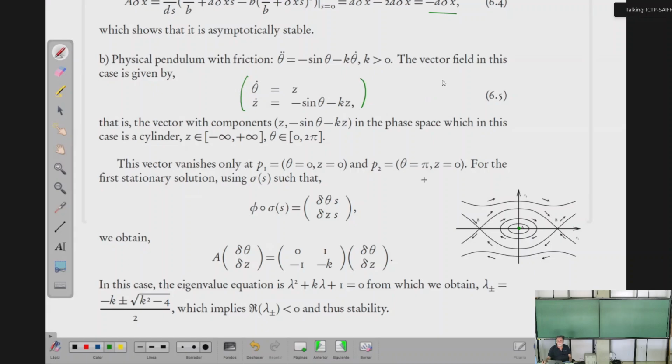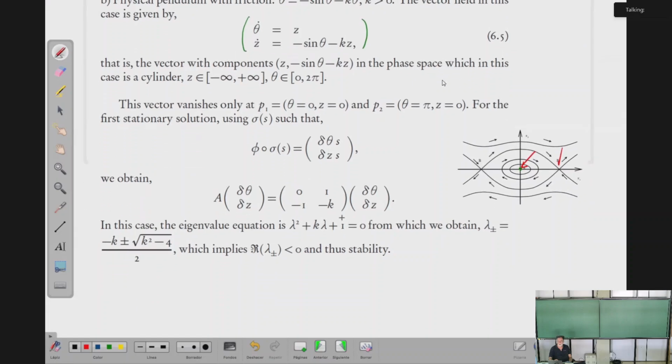And this other stationary point is this point here. One is here, the other is here. And so for one we take this perturbation, so a small perturbation, and obtain this matrix here.